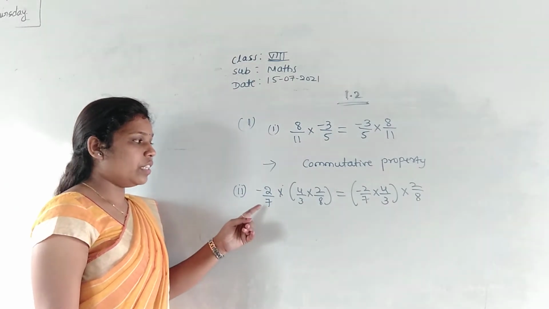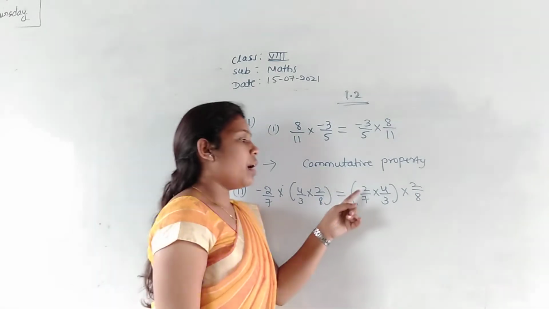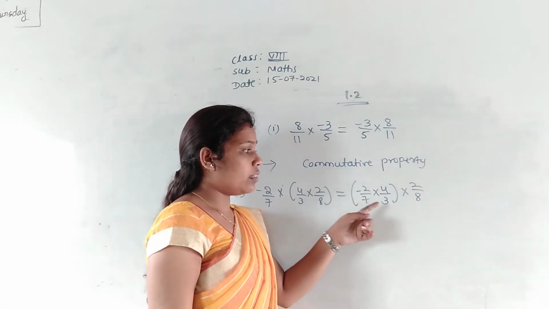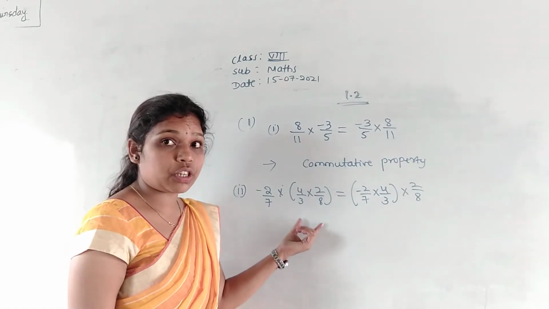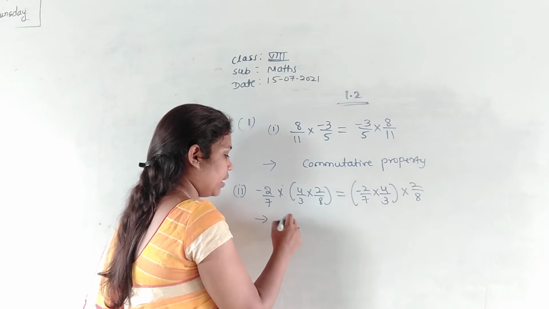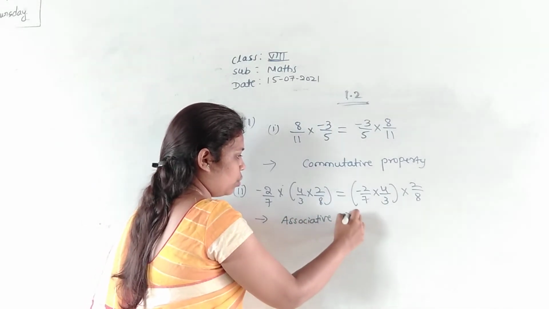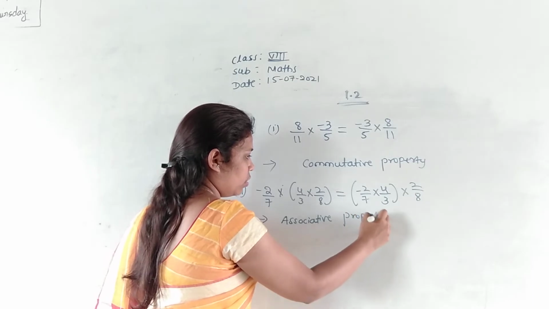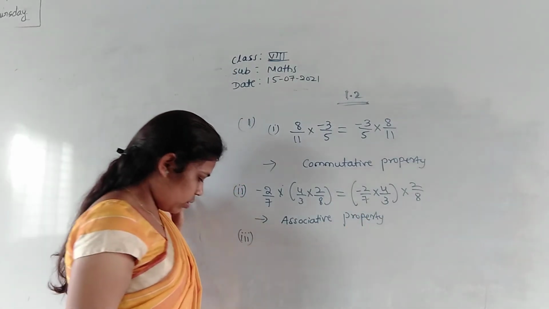Minus 2 by 7 is associated with 4 by 3 into 2 by 8, and here minus 2 by 7 into 4 by 3 is associated with 2 by 8. Associate means which law it is? It is nothing but the associative property. Next, the third one. What is the third one here?